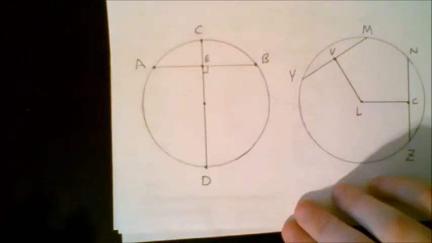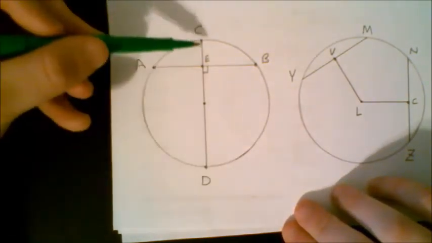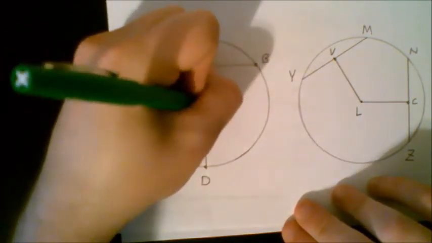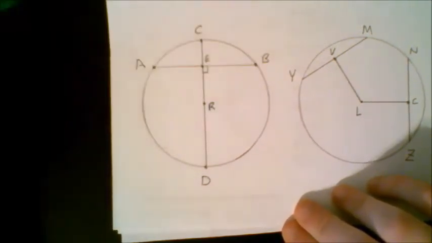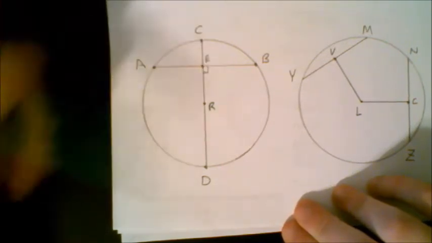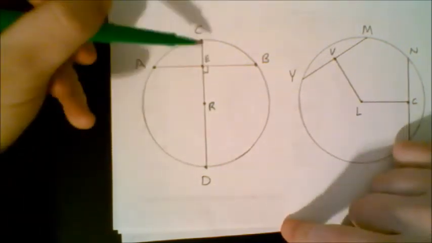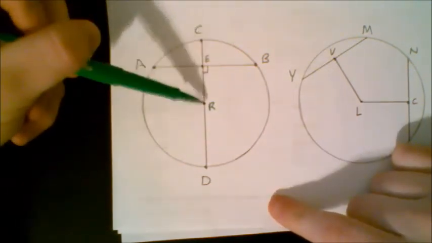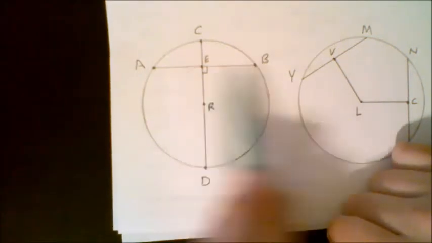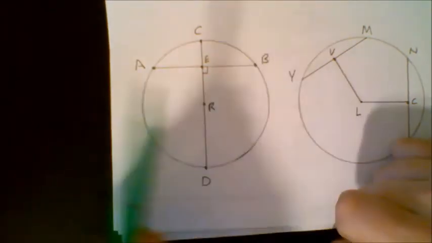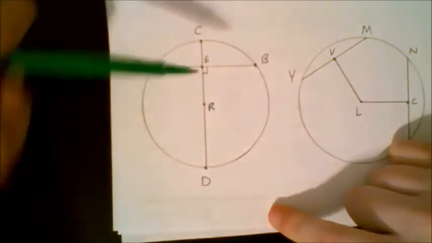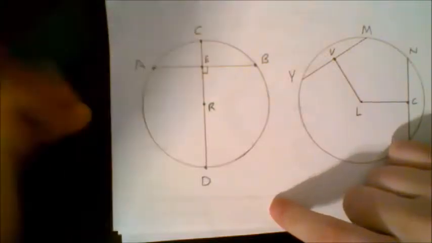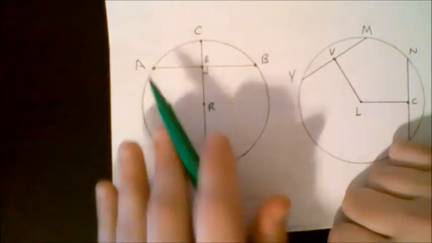Now the next theorem, if we have some diameter CD, or even some radius, I don't have a letter here, but let's call this an R. If I have radius or diameter, whatever, even segment RE, if this segment is perpendicular to any chord, so chord AB, then this segment bisects chord AB.